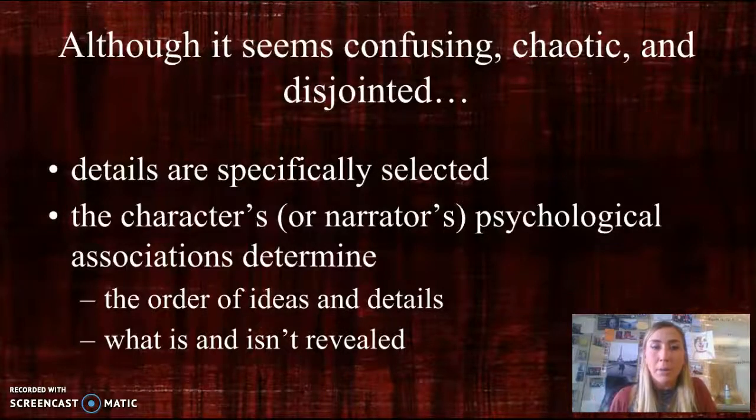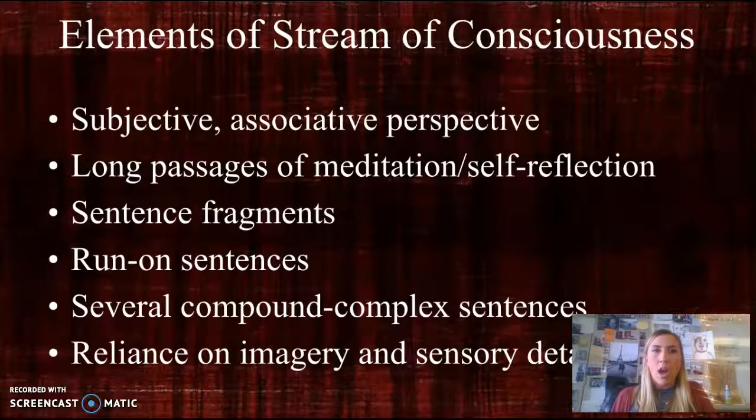It is purposeful, right? There is a clear order of ideas and details, and that's what you have to pay attention to, right? What details do we see? What details do we not see? What's the order of the associations in the character's mind? What is this telling us about the character and their psychological state, okay?